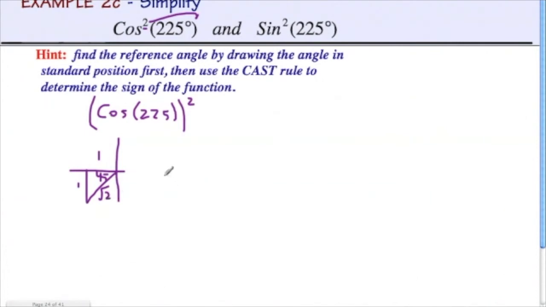We know cos is A over H, so it's 1 over root 2, and it's negative because it's in the tan quadrant. Now the only thing you have to do is bring the square in and square it. Negative 1 times negative 1 is 1, and root 2 times root 2 is just 2. There's our answer, and the sine one would be the same.